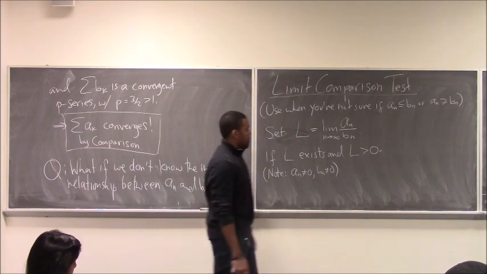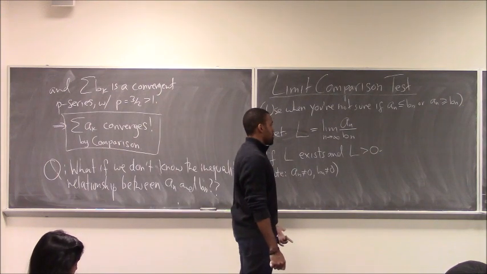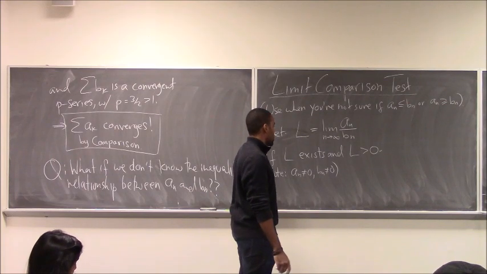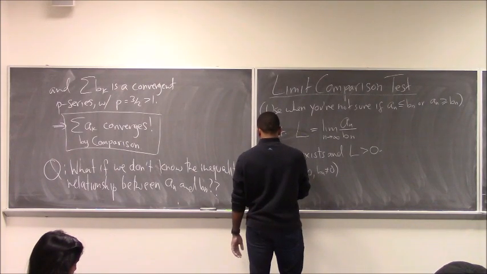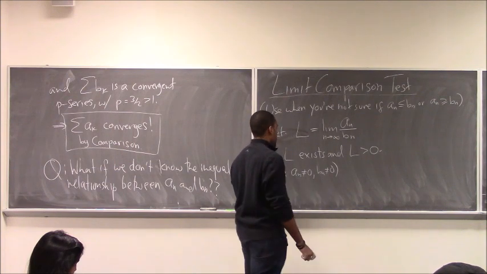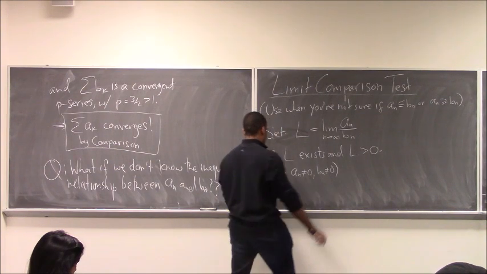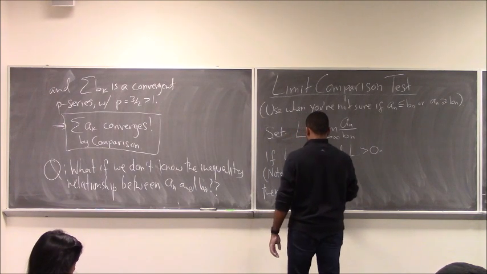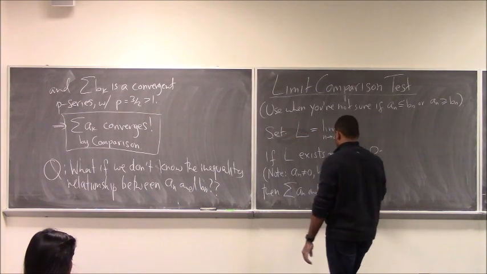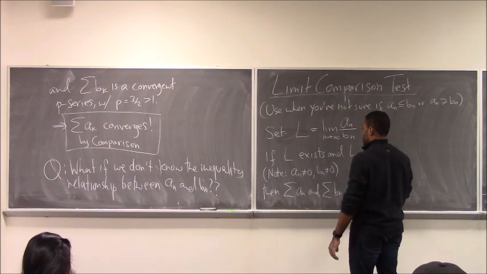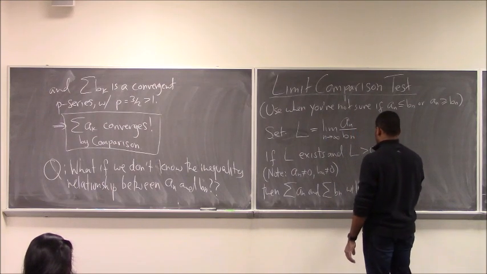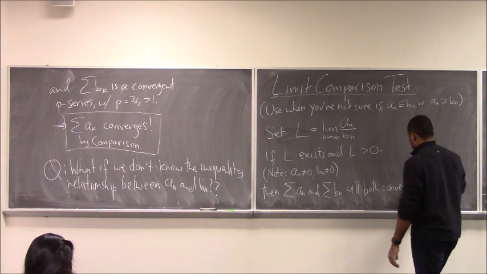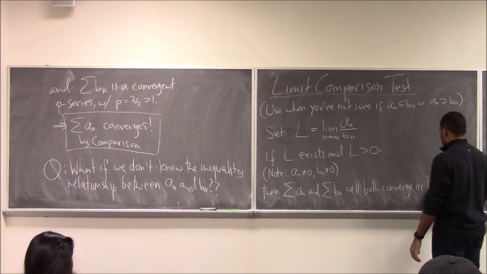And the following holds. If we get a finite limit, that means one kind of behaves like a constant times the other. And then, here's what you'll be able to conclude. The series of a_n and the series of b_n will both converge or both diverge.